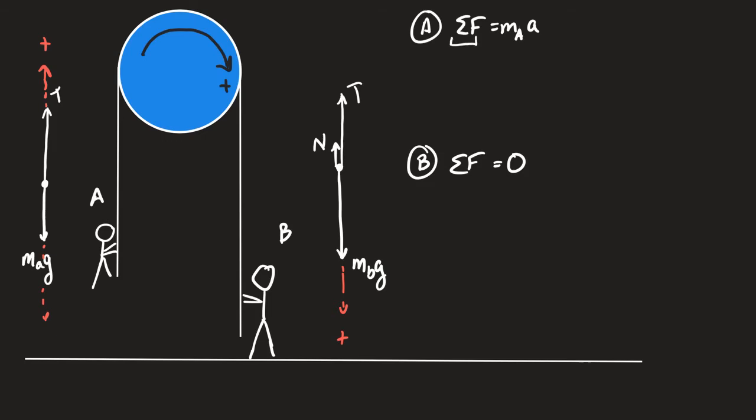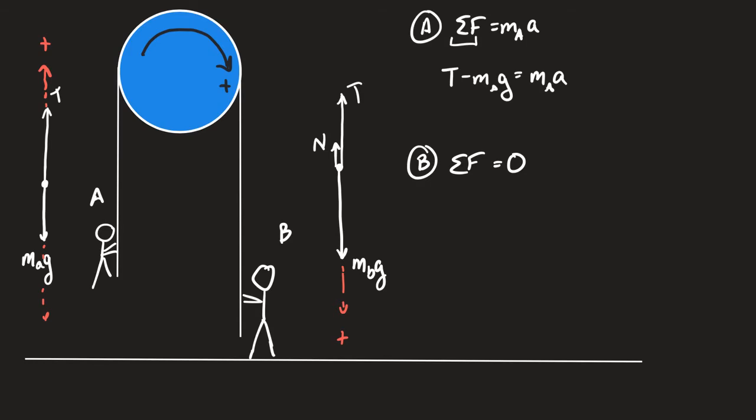So I'm starting with person A. There are two forces that act upon them. Tension is upwards, therefore it's positive. Their weight is downwards, therefore it's negative. And I'll set that equal to MA. Still following my set of steps.